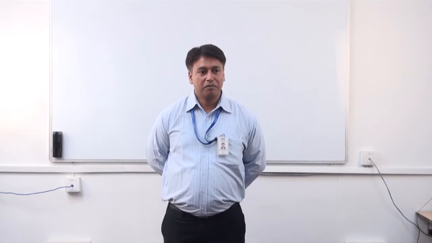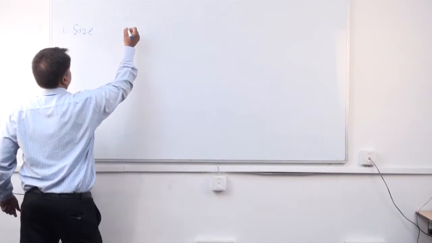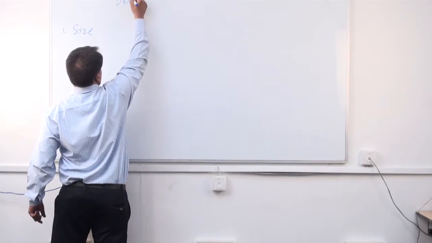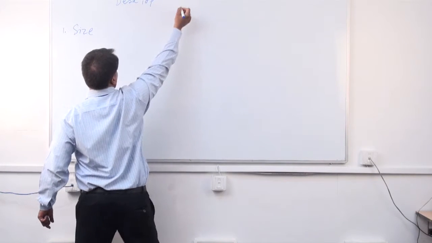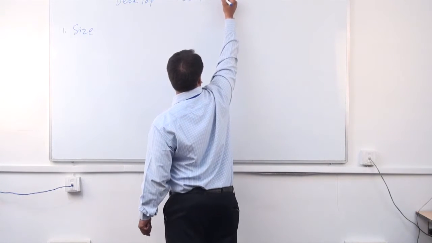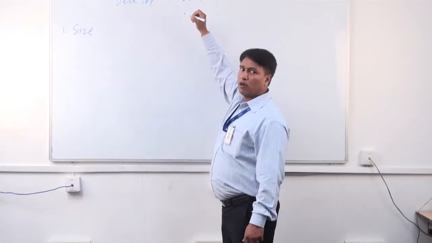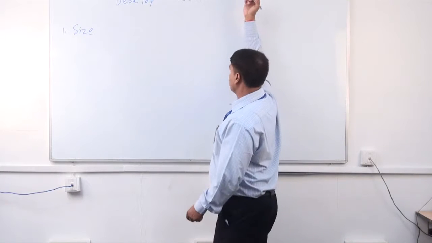So you are from different fields, different backgrounds. First you told me is the size. Size for desktop, then film, then we will consider it in either film or the desktop itself. Okay.